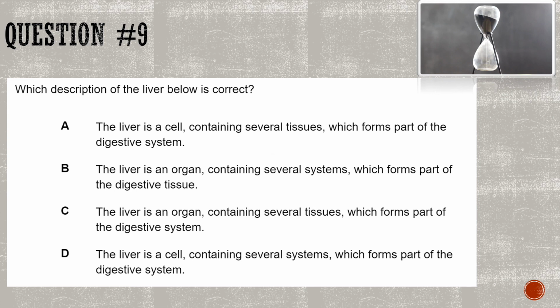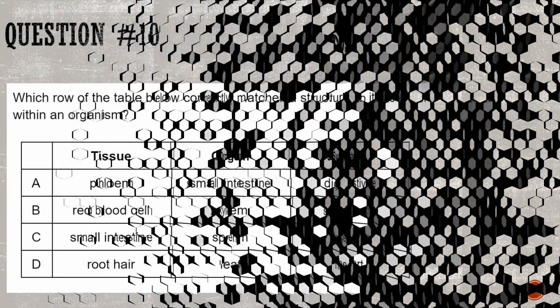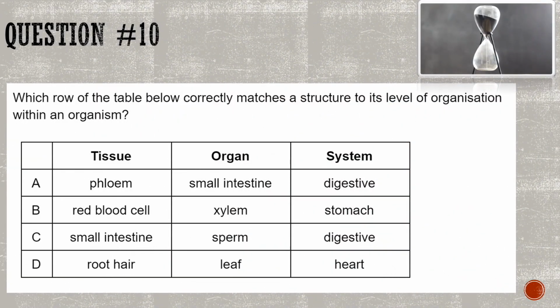Which description of the liver below is correct? And the correct answer is C. Question 10.